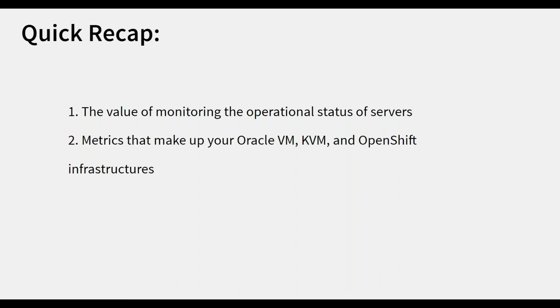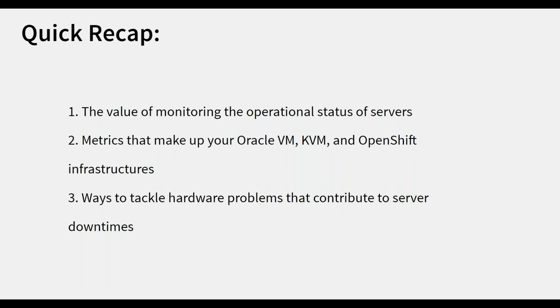We saw certain metrics in the Oracle virtual machines and KVM virtual machines. We saw hardware problems and how these hardware problems need just as much attention as software problems, and being negligent toward hardware problems can cause significant catastrophic losses to our businesses.